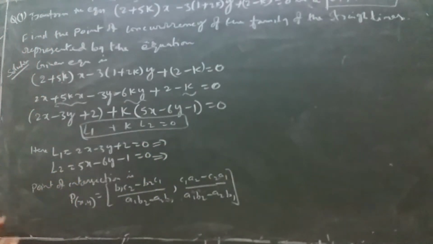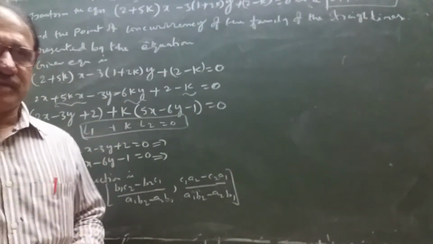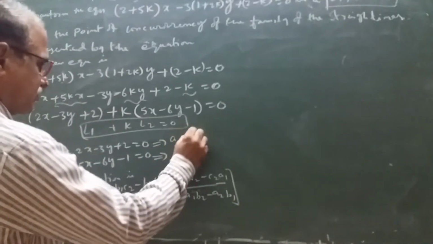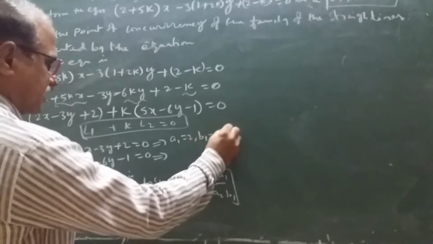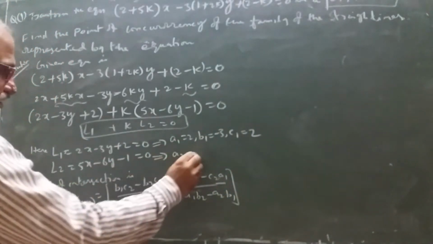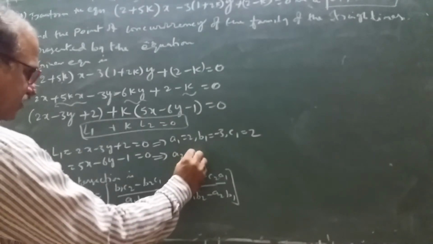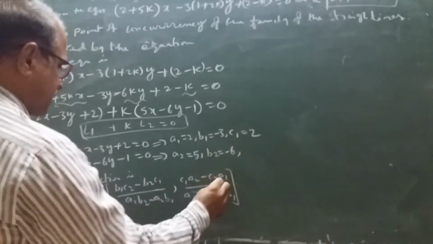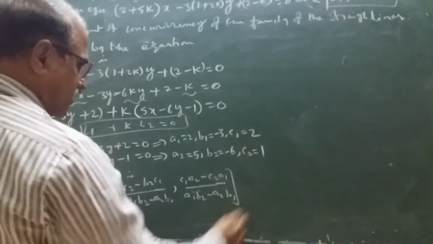We have to write to overcome the mistakes. That is A1 is equal to 2, B1 is equal to minus 3, C1 is equal to 2, A2 is equal to coefficient of x, that is 5, B2 is equal to coefficient of y, that is minus 6, and C2 is equal to minus 1.